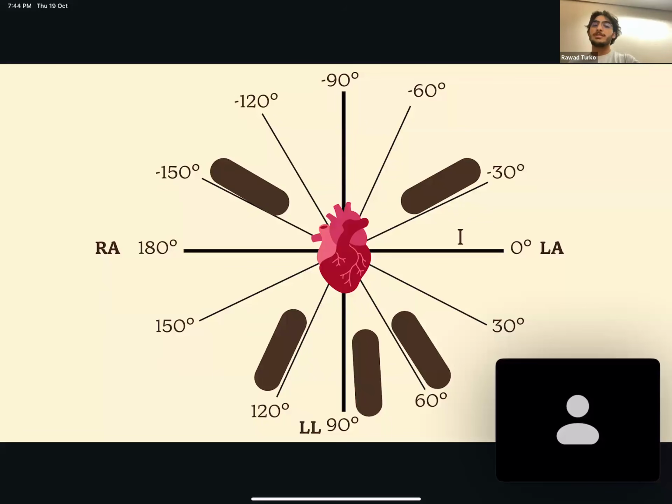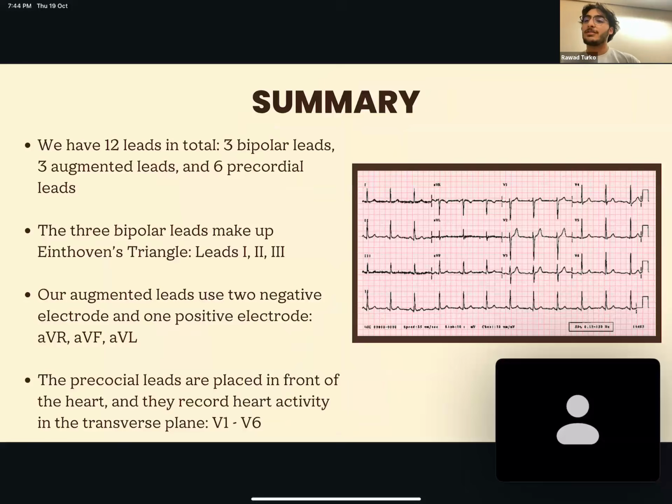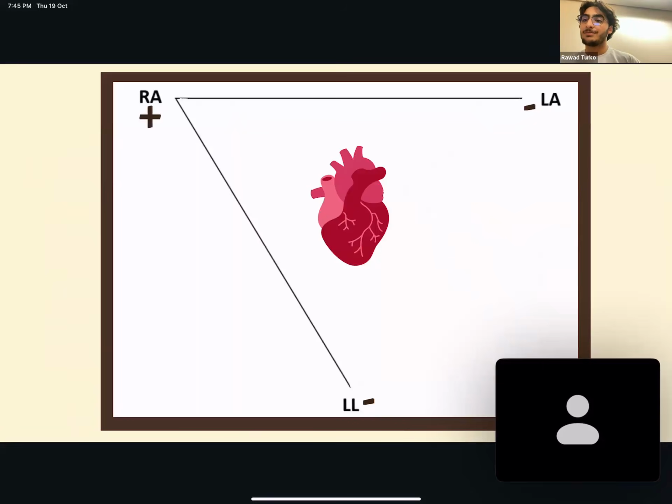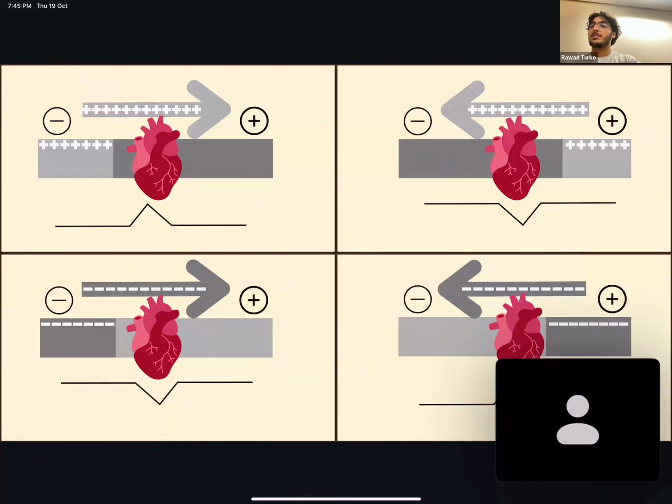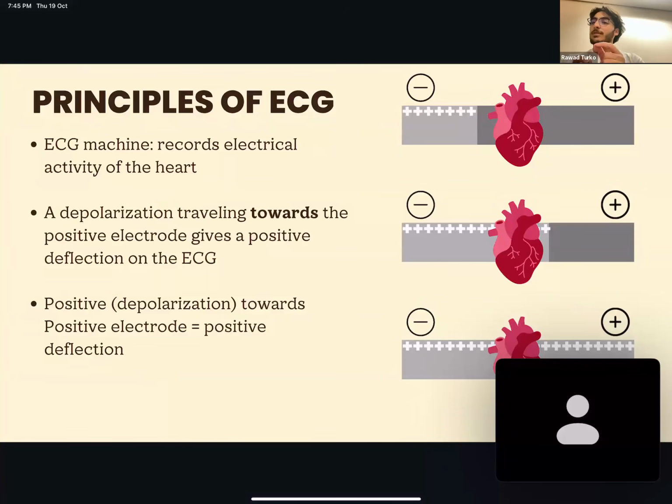Or in other words, if we go back to one of the first things that I did, actually, wait, let's move back just a little bit more. Right here. Okay, so depolarization, positive charges moving to the positive electrode, is going to create a positive deflection in lead 1.